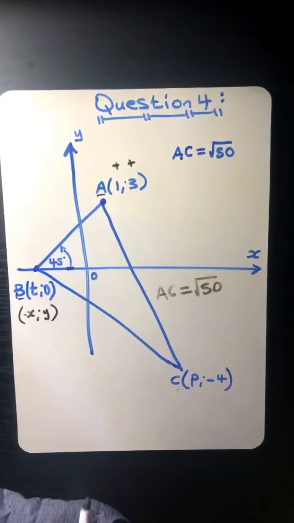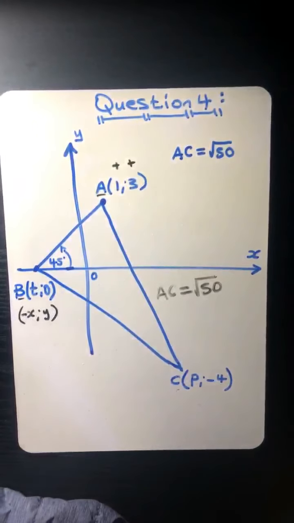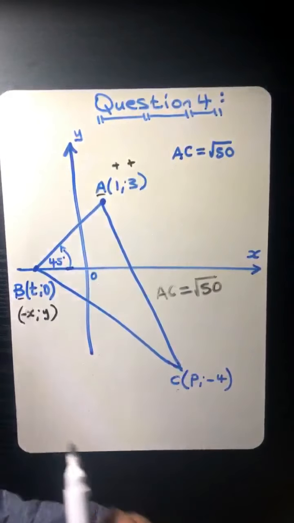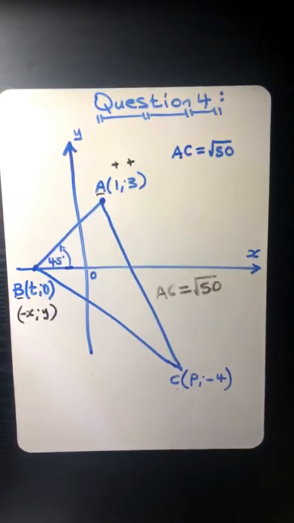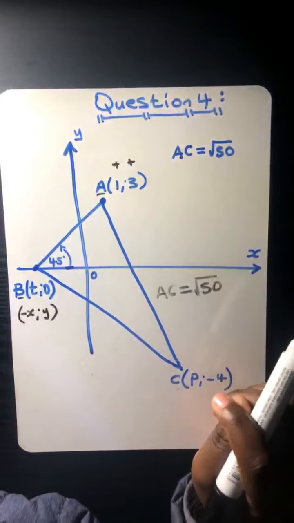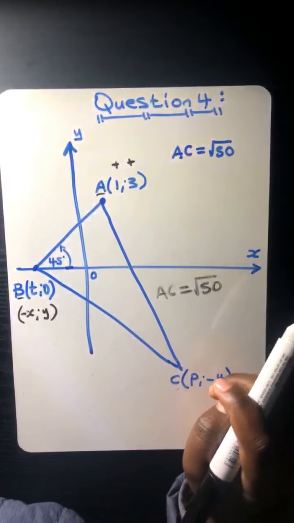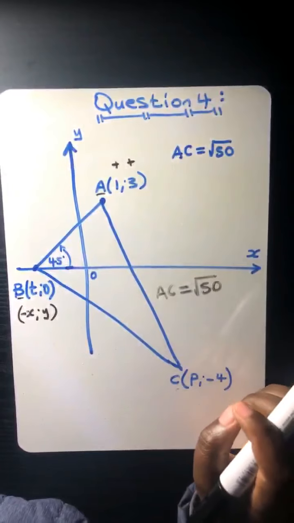So if the examiner says determine the value of t, in short they want you to determine the x value of t, which means, ladies and gentlemen, you just need to expect a negative value there. So you will need to apply all the tactics that I usually apply when I solve this type of question.